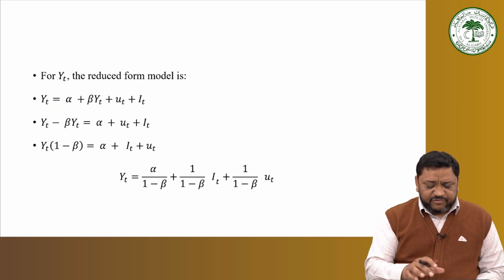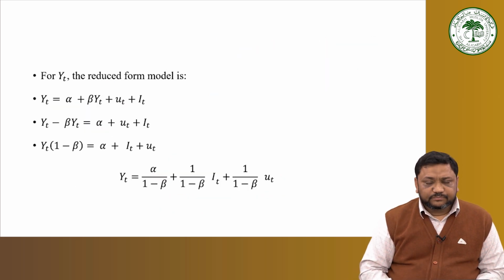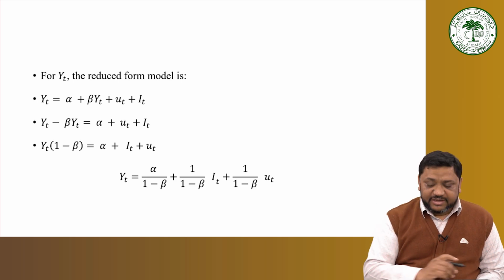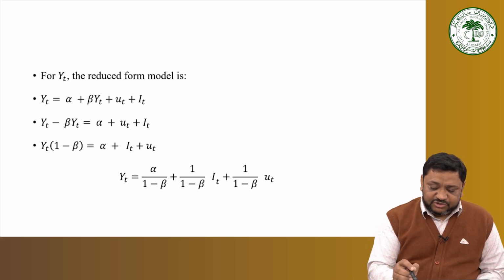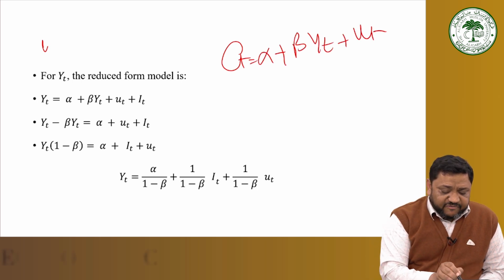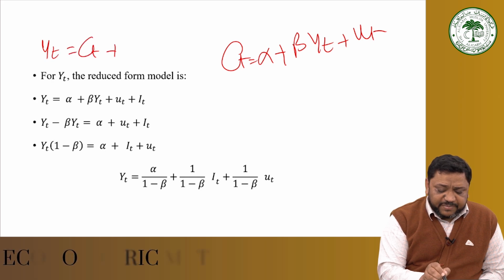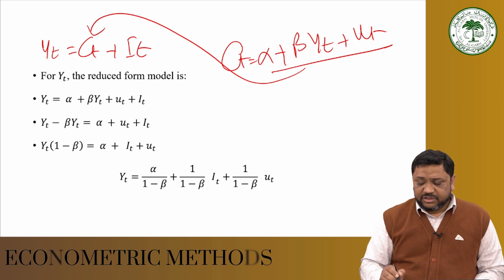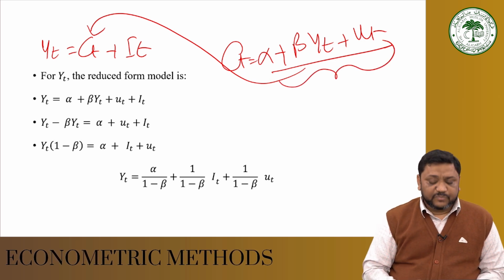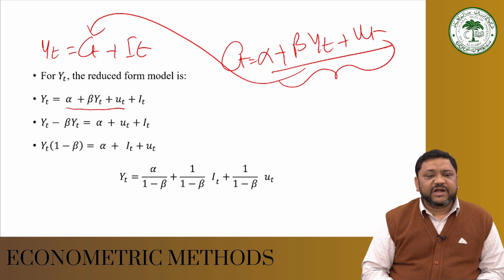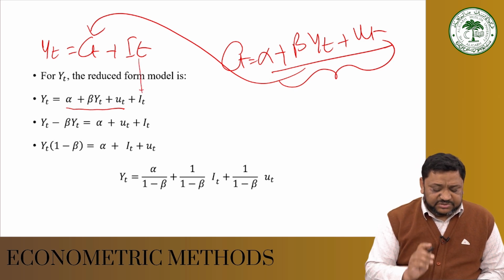Now the same thing we will be doing for yt. You have the equation Ct equal to alpha plus beta yt plus ut, and we have yt equal to Ct plus it. In place of Ct we incorporate this entire term, alpha plus beta yt plus ut, and then it comes as it is.